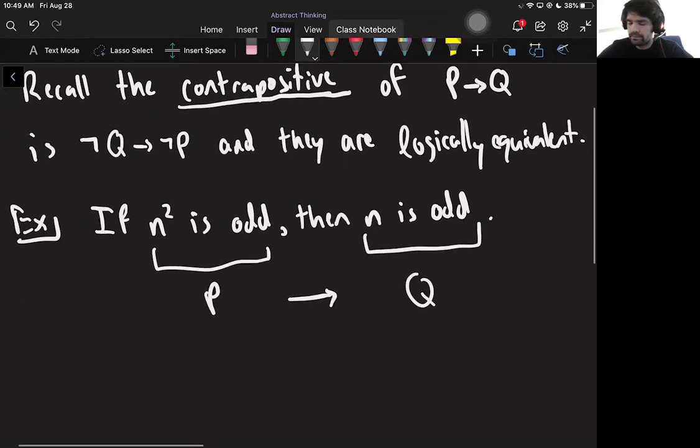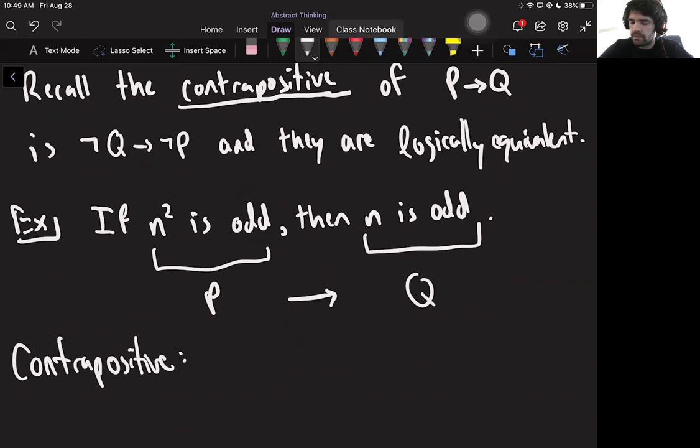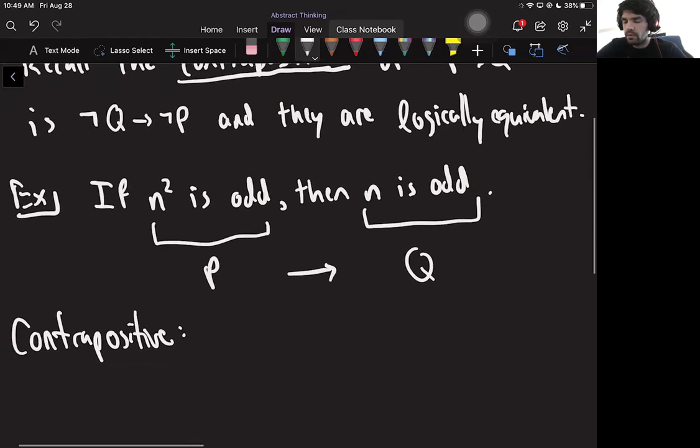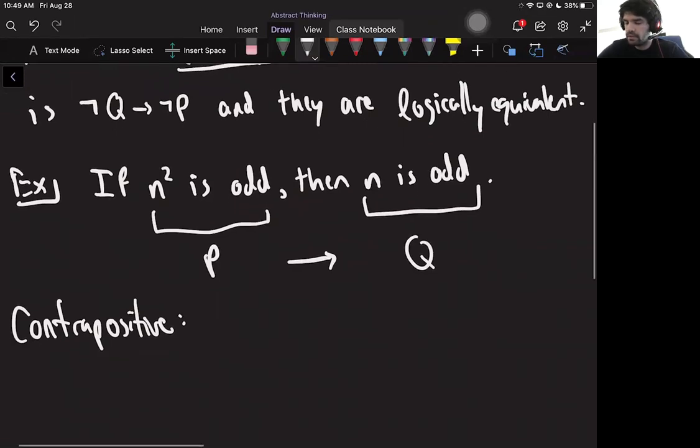So then the contrapositive would be, so I change it to Q coming first, but I negate it, and I also negate P, and I put that as that conclusion. So it becomes if n is not odd, well, not being odd is being even.